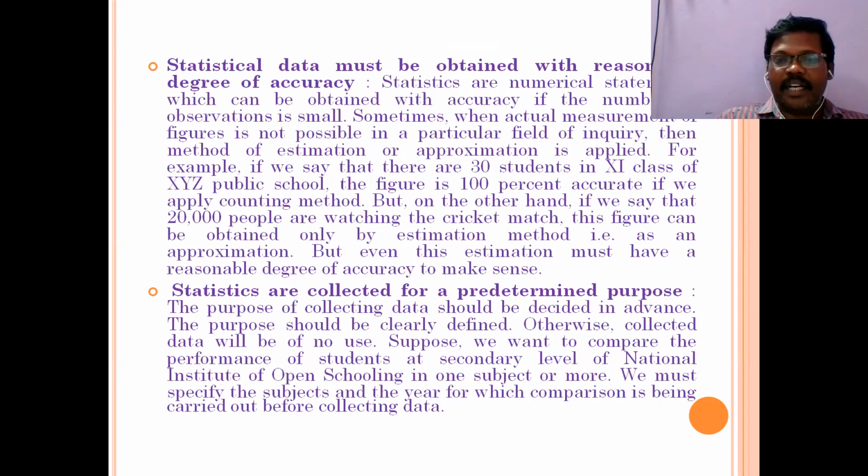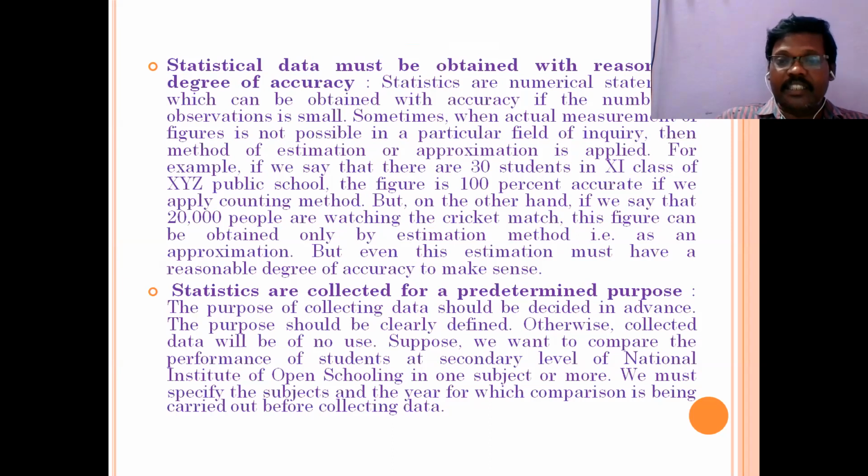But if we say that 20,000 people are watching the cricket match, these figures can be obtained only by the estimation method. We cannot take the data from all these 20,000 people. It is very difficult and will take more time. As an approximation, we are going to take an estimate.